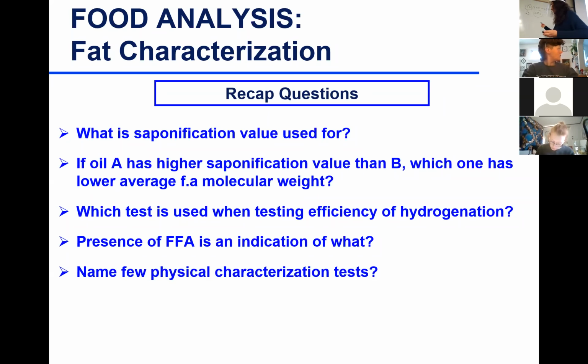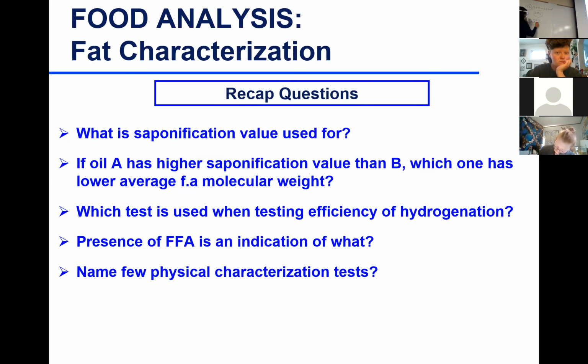Also, the equation that we used: 3 times 56.1, which is the molecular weight of KOH, times 1, divided by 0.19 grams, if you remember.